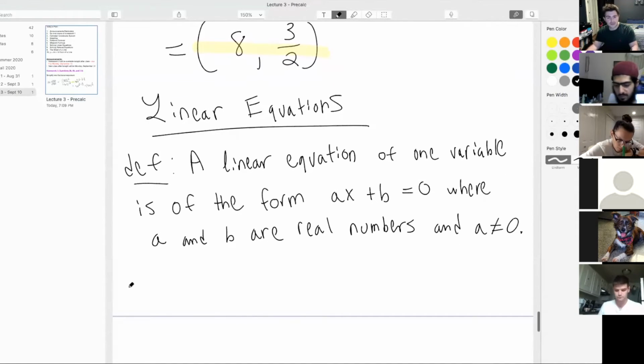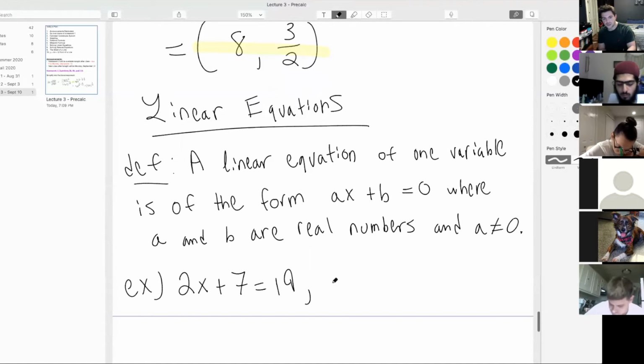Here are some examples of linear equations. How about this: 2x plus 7 equals 19. That's a linear equation. And also 2x plus 1 equaling -9.